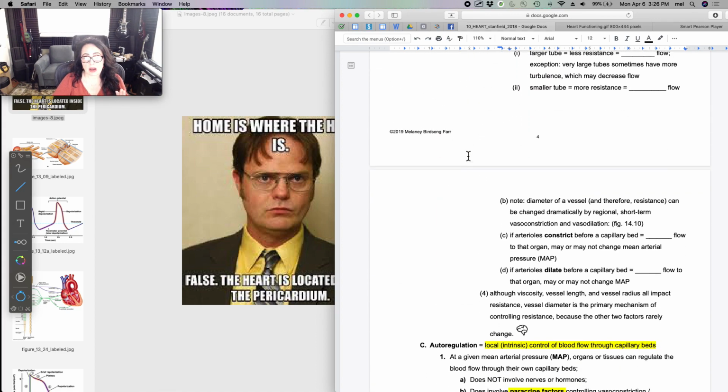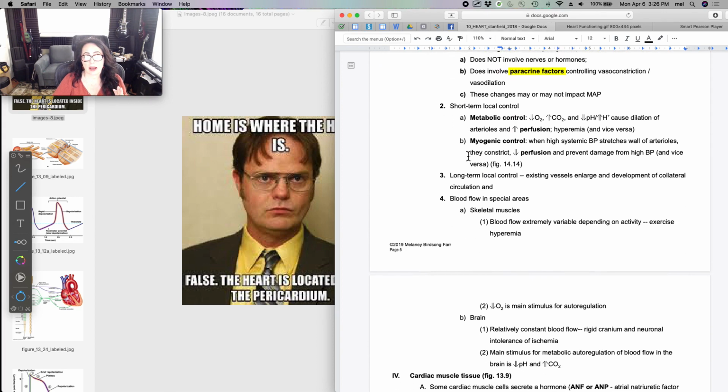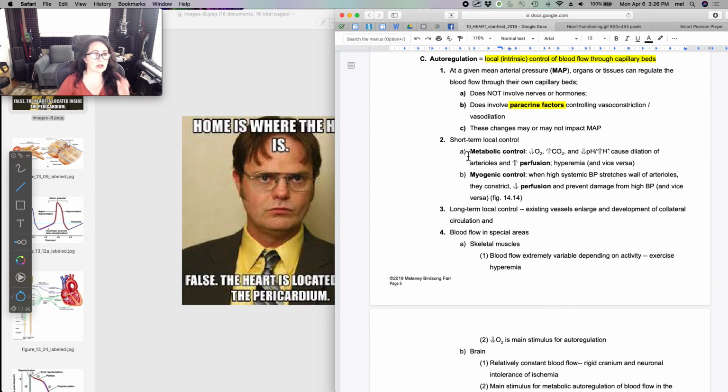And then we talked about autoregulation, and autoregulation is really the way in which a tissue or a capillary bed or a region of the body can increase or decrease blood flow to itself via the release of paracrine agents or paracrine factors that control local vasoconstriction and vasodilation. That's local. It's not really trying to make pressure changes. It's trying to make flow changes due to resistance changes.